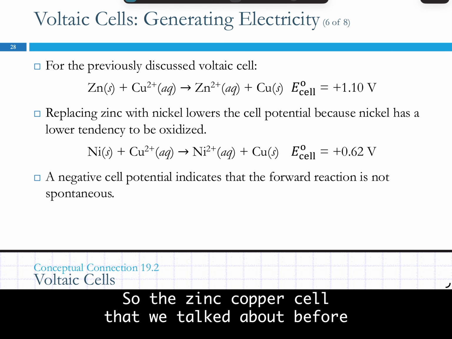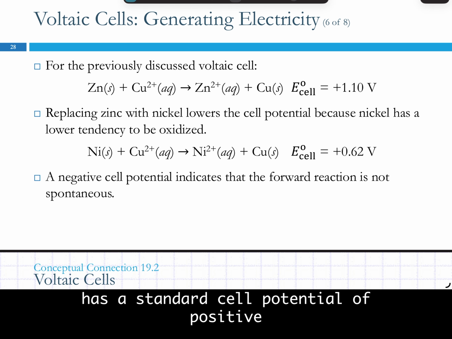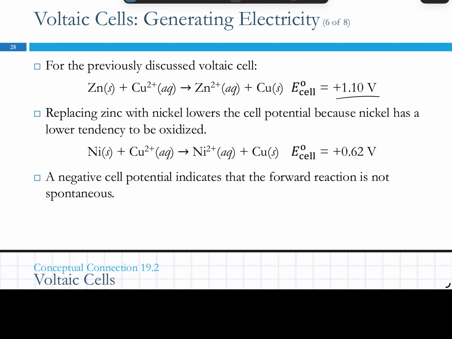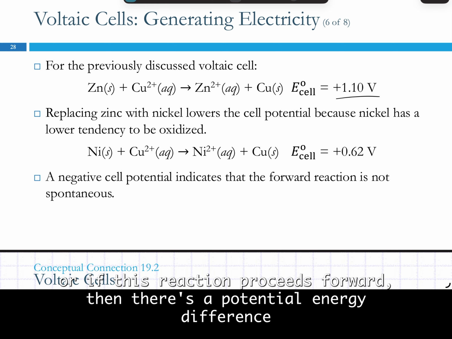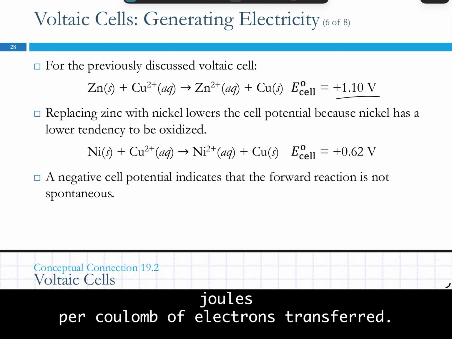So the zinc copper cell that we talked about before has a standard cell potential of positive 1.10 volts. Meaning that as this reaction proceeds forward, there's a potential energy difference per electron of 1.1 volts, 1.1 joules per coulomb of electrons transferred.